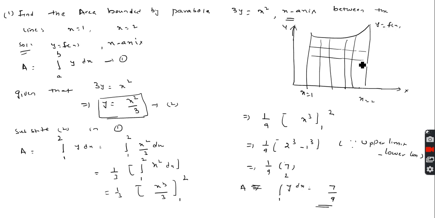This is the formula, and we need only y, but here it is given as 3y. From 3y we get y only, therefore y is equal to x square by 3.